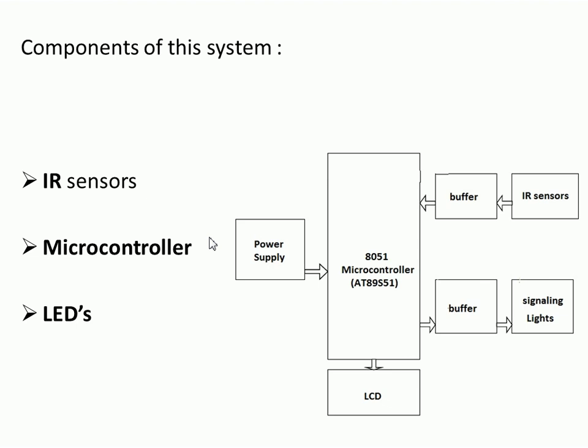Here this is the block diagram. That is the 8051 microcontroller. The IR sensor senses the density and it gives it to the 8051 microcontroller. The 8051 microcontroller will perform the appropriate action whether the density is high or low, and it gives it to the signaling lights.